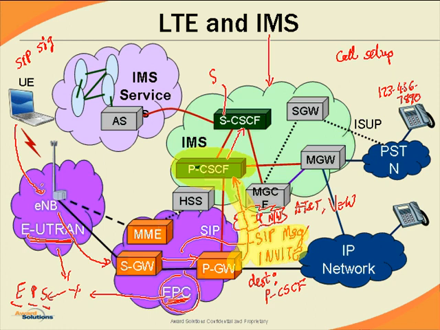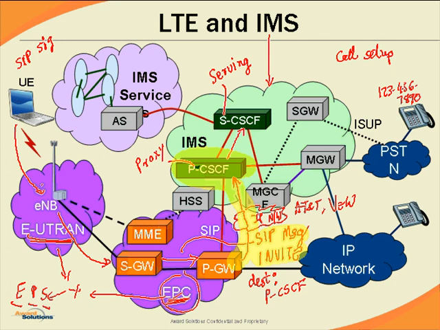So for a given user, there is one call session control function that is in charge of that session. It controls the session. And how do we know that this is the serving CSCF?